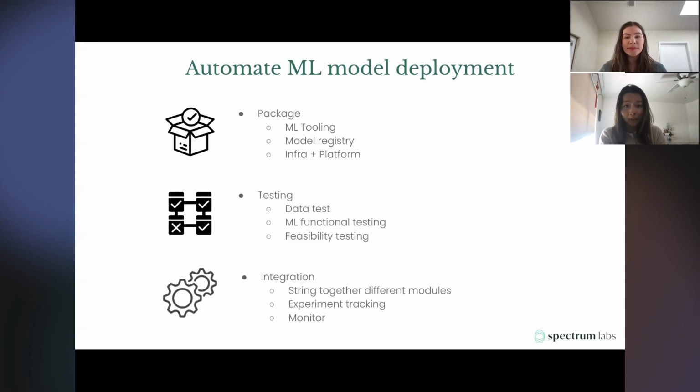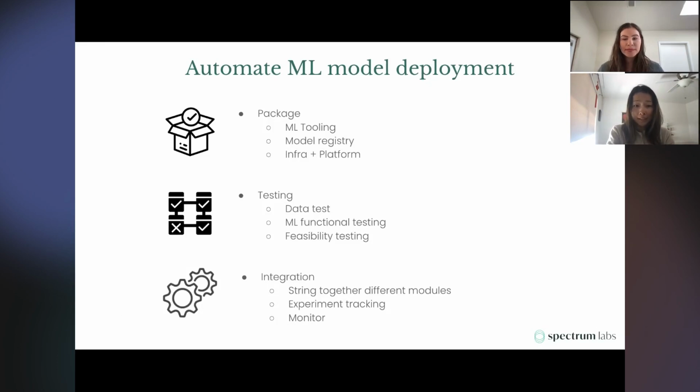When we're packaging the tools, we want to think about what to package and whether we can standardize a tool for both offline and online purposes. That includes things like processing, the model registry, and the GPU and CPU resources that we're using for training. How do we manage that?